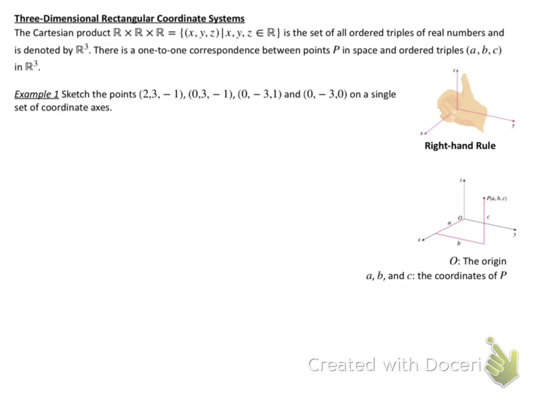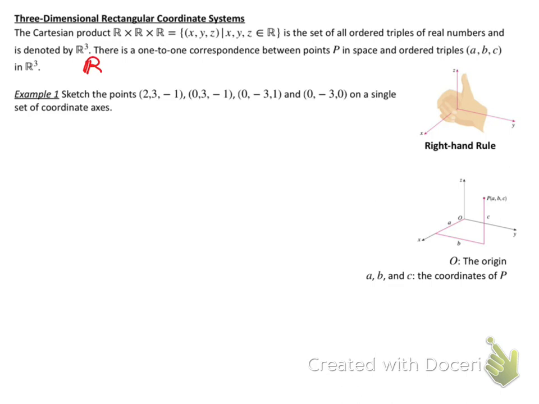In a three-dimensional space, we have three letters, three variables, x, y, and z. Each of them could be any real number. So we use this R, but with an extra stroke. This is like a math R, to denote the set of real numbers.